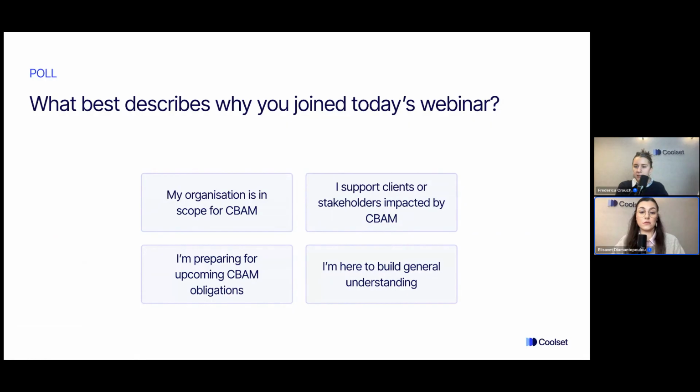As I see the poll results coming in, about 40% of you are here to just understand a little more about CBAM, and equally 40% are in scope for CBAM. A couple, maybe 20%, are supporting clients impacted by CBAM, and 5% are preparing for upcoming CBAM obligations. A nice mix, so hopefully we can tailor this to all of you. And if you have any further questions, again, leave them in the question section down below.